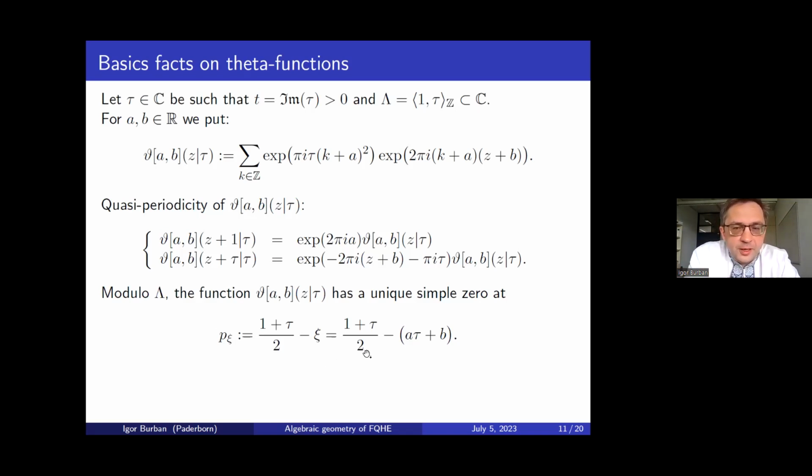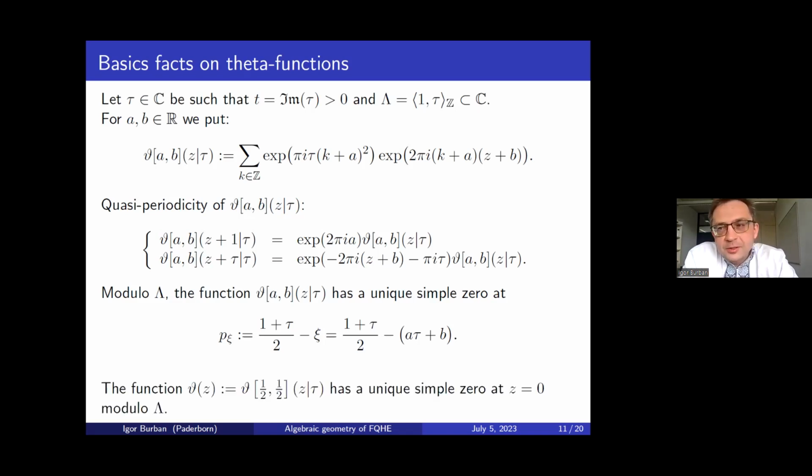So it means that A should be 1/2 and B should be 1/2. It's a very special case. And in this case, we speak about the so-called first theta function of Jacobi. And this theta function has a unique simple zero at the origin, and moreover, it is odd. And it will be important in the story I want to tell you next.